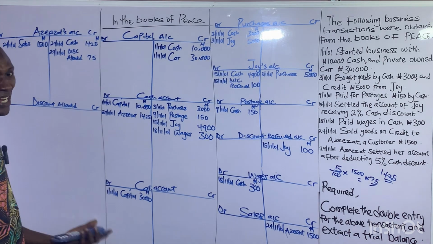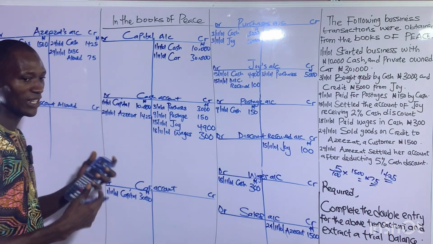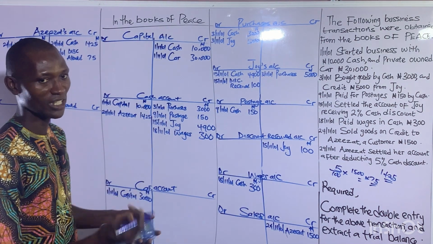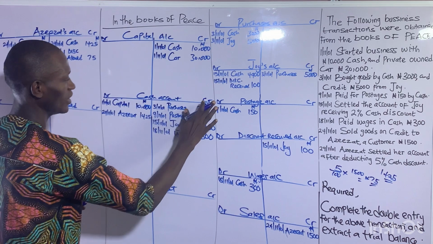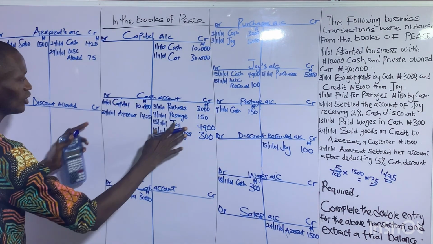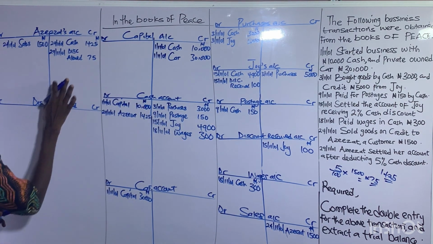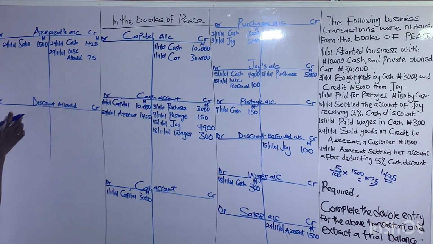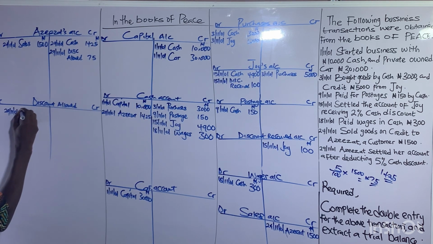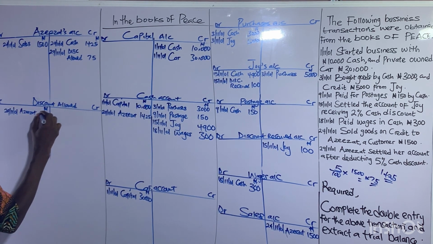Most times you don't need to put the credit and debit labels, but because we are still at the beginning, we put all of those just for you to understand. So discounts allowed, the corresponding debit entry we put here. We have the same day, 29/11/01. Then the particular will be Azizat, and the amount is 75.